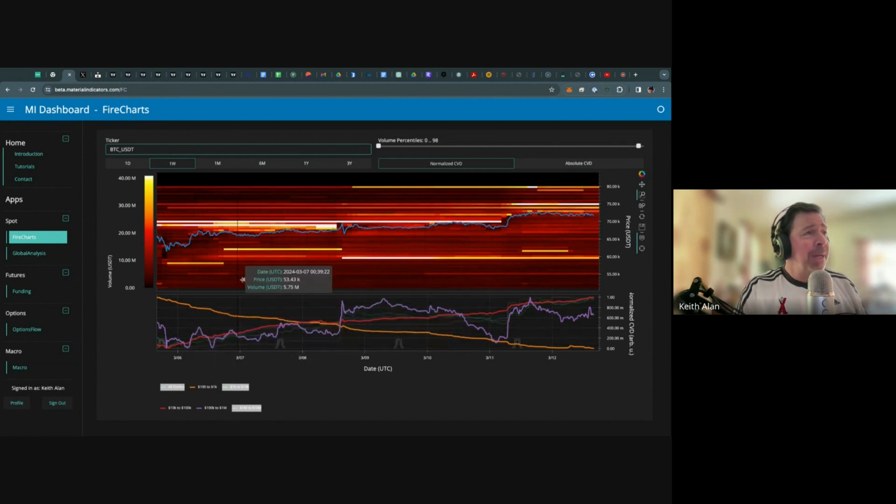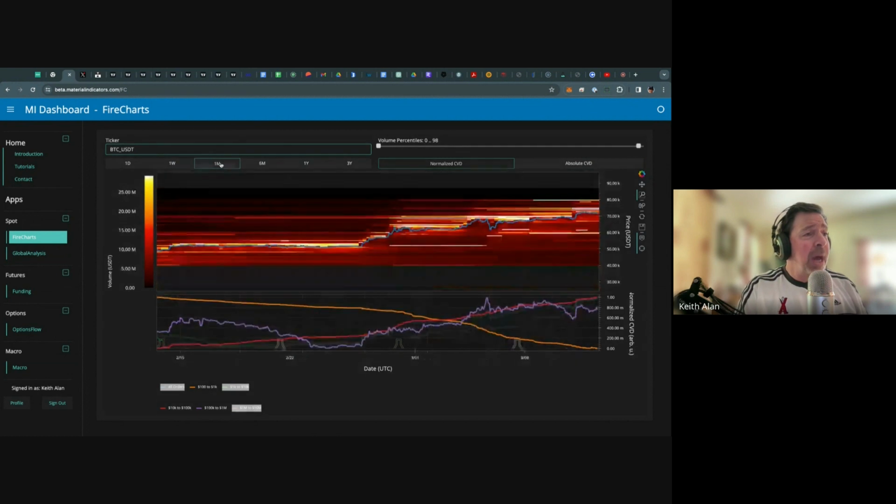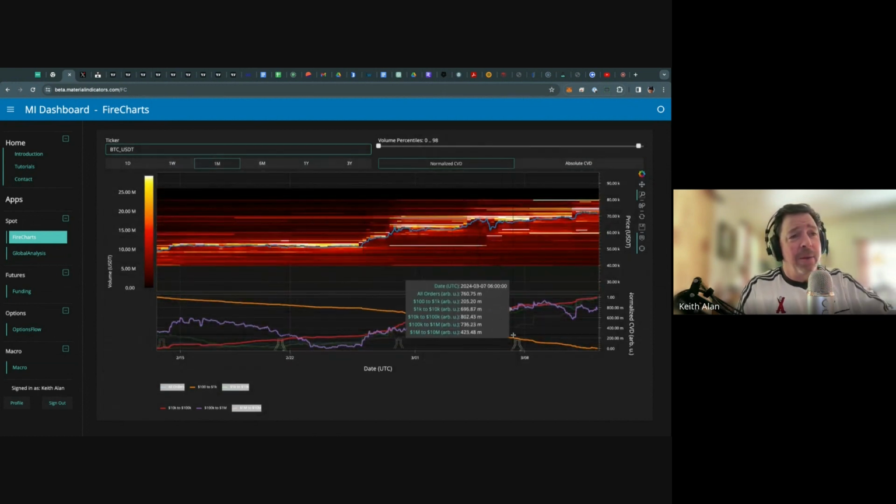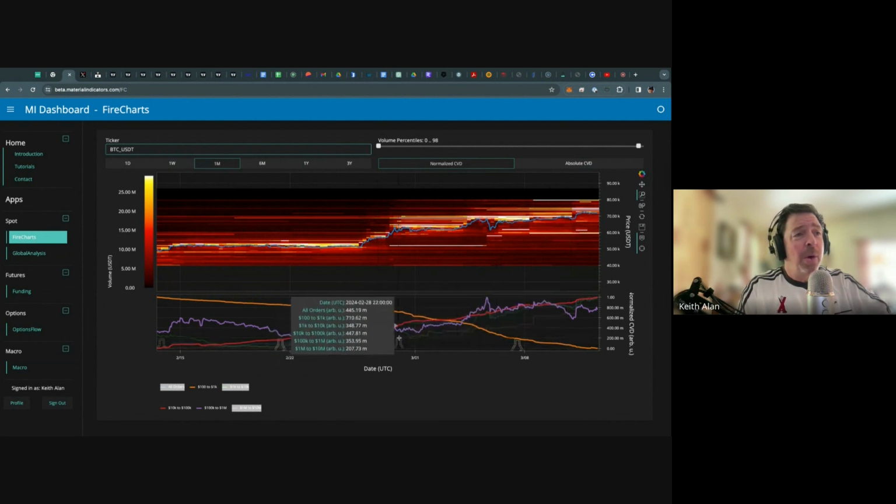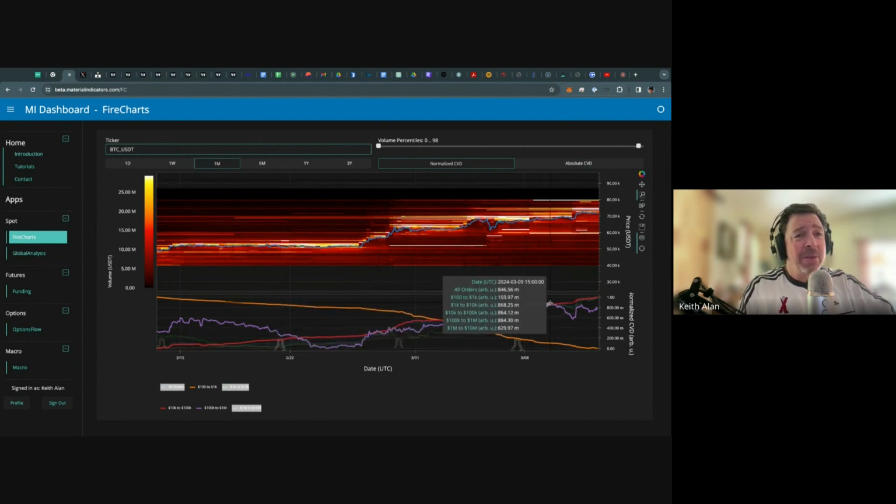So that to me means that over time, these guys are really just methodically either distributing as yellow is or accumulating as red is. And the contours of volatility that you see in there would be other traders getting involved, retail getting involved in those order classes as well. But I think that they're primarily dominated by large institutions at this point.